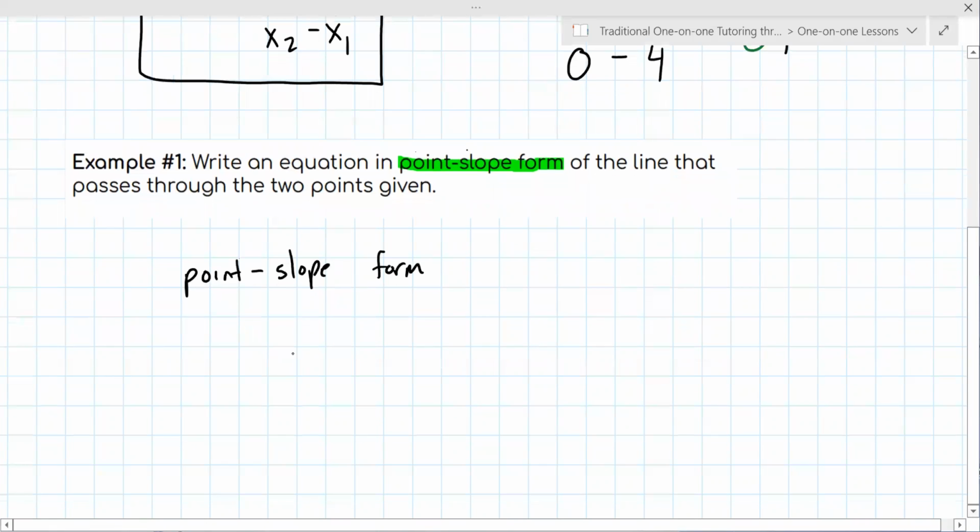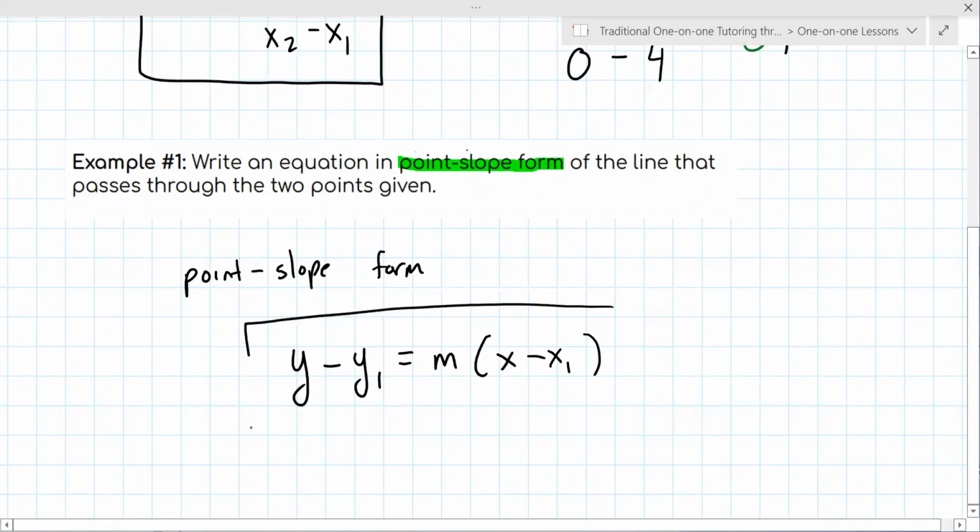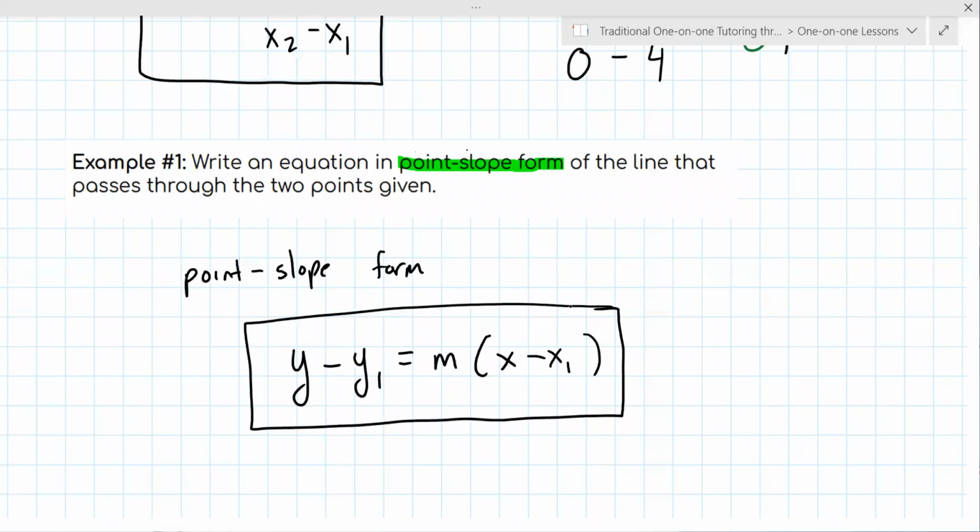Okay, so it's another formula. I'm going to write it for you. It's y minus y1 equals m times x minus x1. Just like the slope formula, you have to know this one.